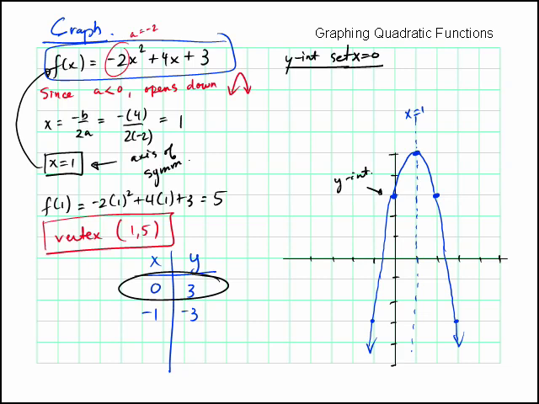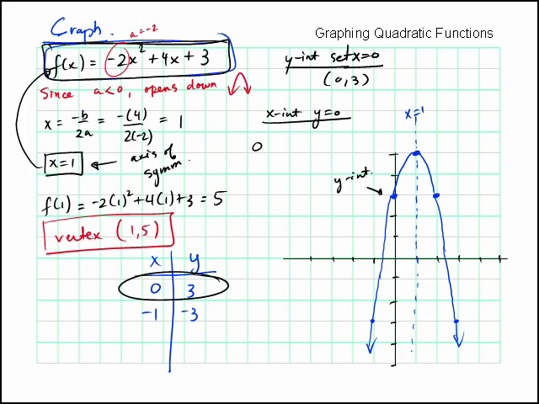Where does this parabola cross the x-axis? That sometimes is a little harder to get. The y-intercept is at 0, 3, but where are the x-intercepts? Well, to find an x-intercept, what you do is you set y equal to 0. And if I do that, that means I'm plugging in 0 up here in place of the f of x, which would give me this equation.